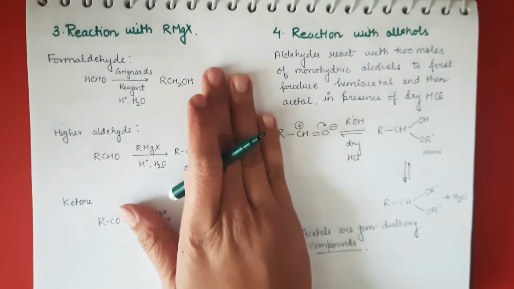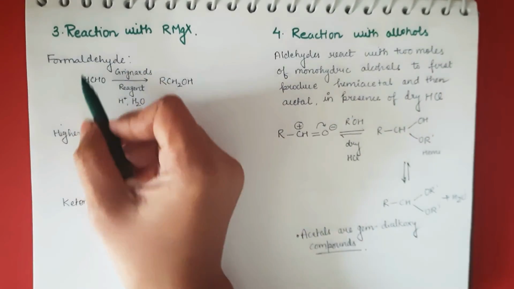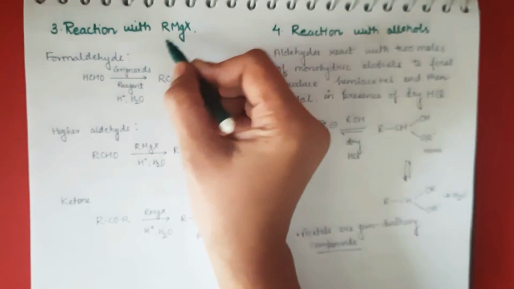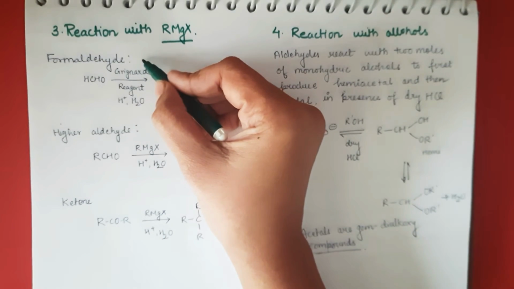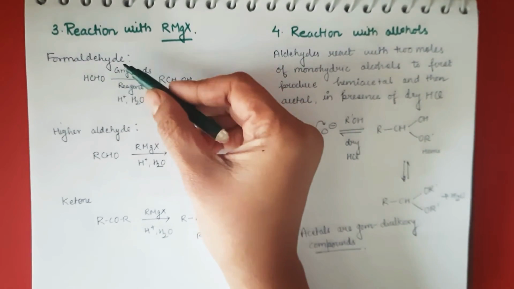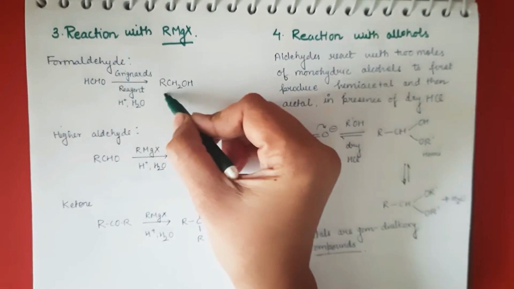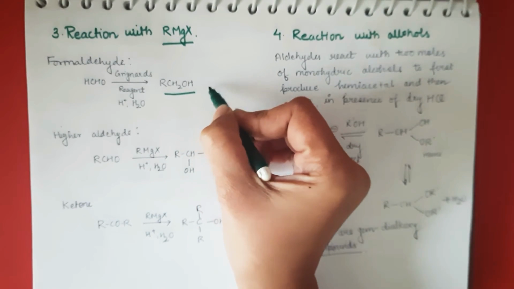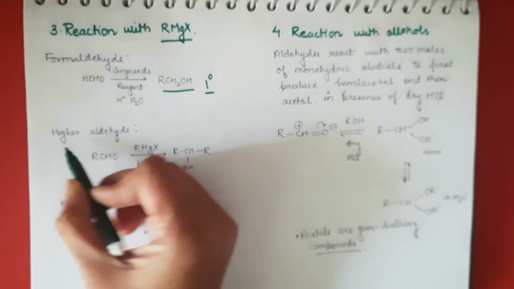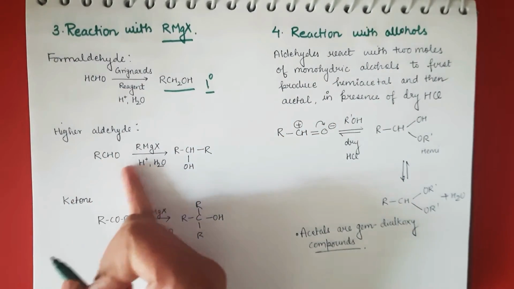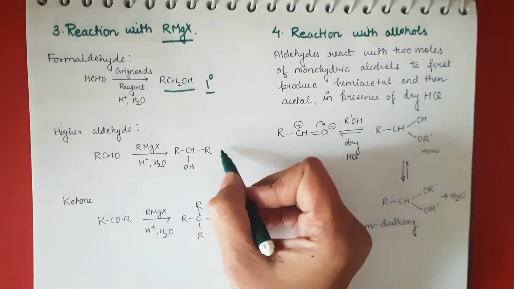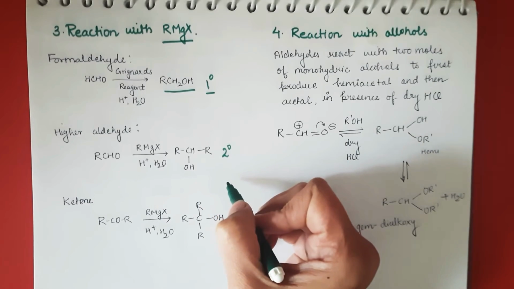Reaction with Grignard reagent. Here you can see I have categorized the reaction of aldehyde and ketone into three parts. Formaldehyde, the initial aldehyde, if it reacts with Grignard reagent, forms alcohol, that is primary alcohol. If a higher aldehyde, any aldehyde other than formaldehyde, reacts with Grignard reagent, it forms secondary alcohols.